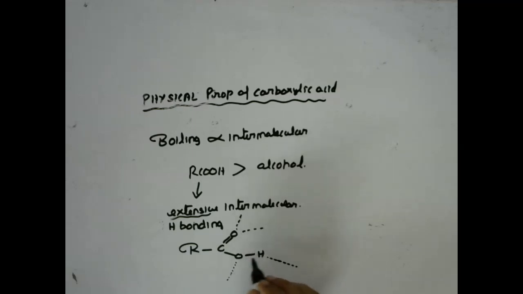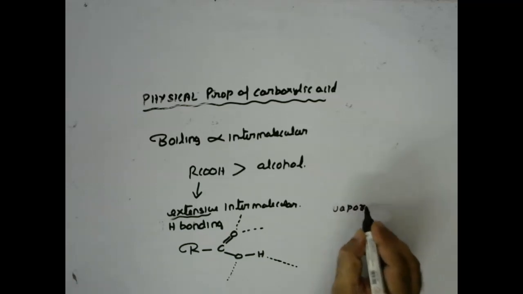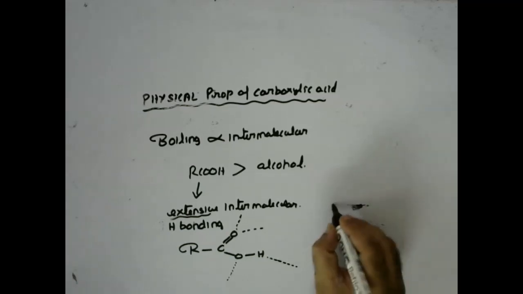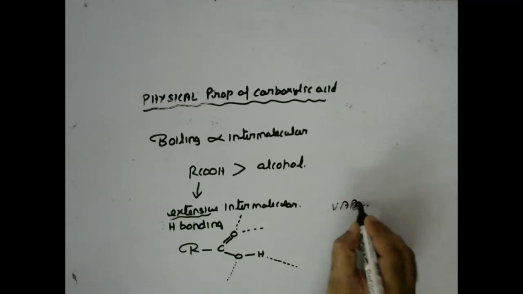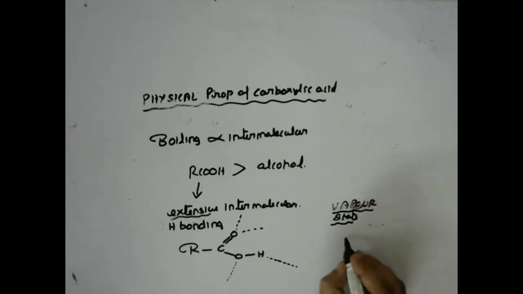In the liquid state, the hydrogen bonding is so strong that even if you vaporize carboxylic acid, in the vapor state the carboxylic acid molecules are not able to separate out. In the vapor state, carboxylic acid molecules exist as a dimer. Dimer means 2 molecules in association forming a single entity.